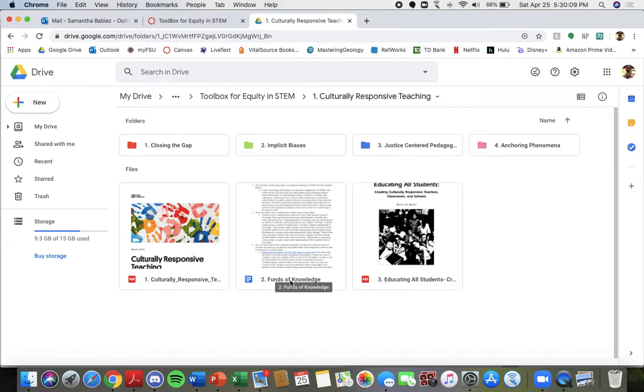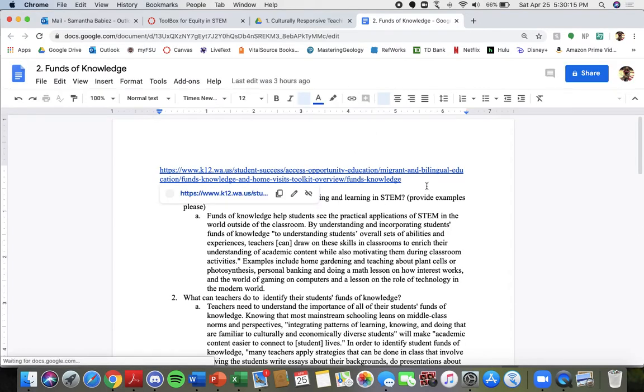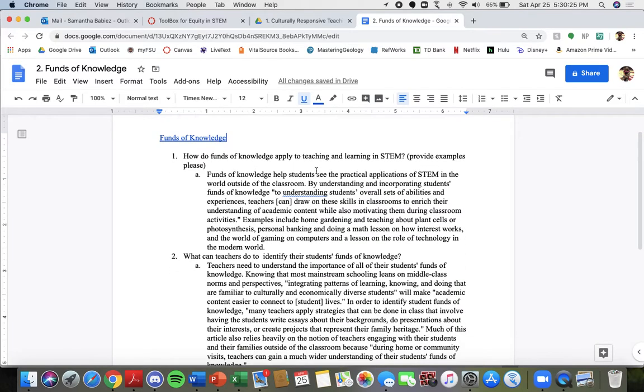The funds of knowledge, not an article, but we watched a video, or this might have been a podcast actually, but I went ahead and took the funds of knowledge, and I've got the link here, so I always have the link, and then I went and got my reflection from the discussion board and put it here.